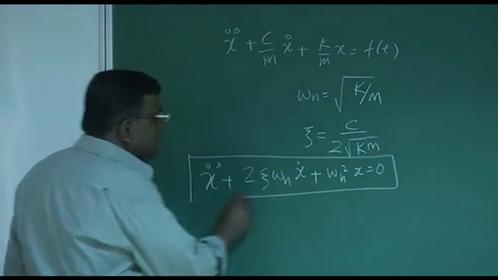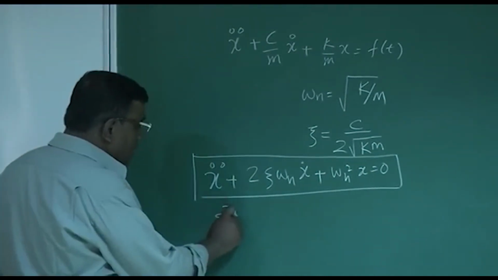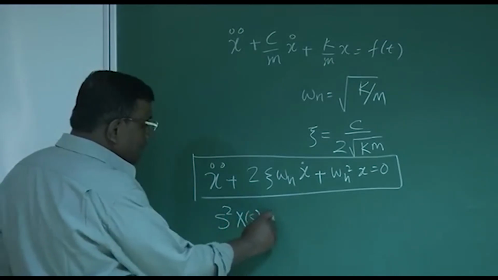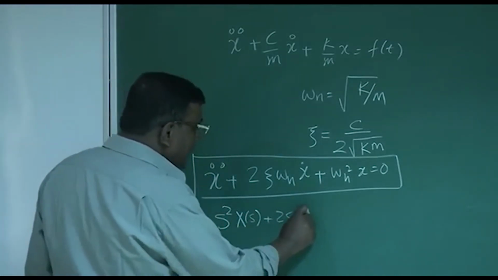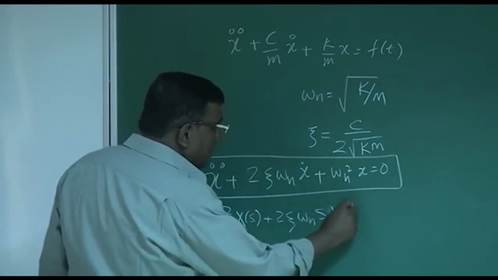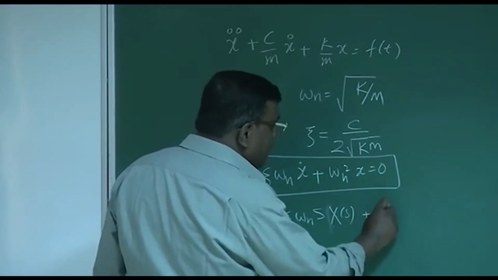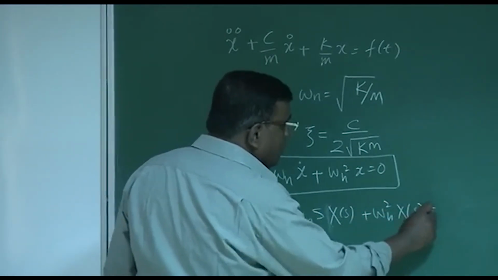Once you agree with this, now if I take a Laplace transform, what happens? It becomes s square x of s plus 2 zeta omega n s into x of s. We are putting all initial conditions 0, plus omega n square x of s equal to 0.